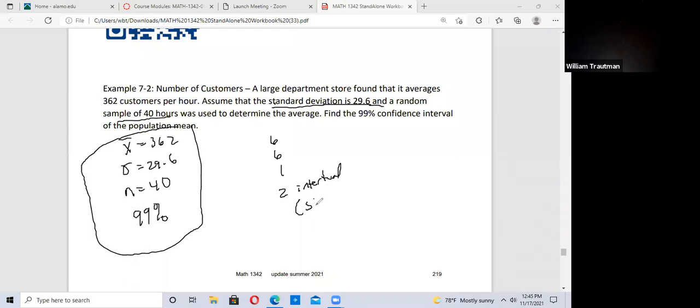I want you to select stats if there's no list. We're going to have a list later on, but I just wanted to show you right now. We don't have any list of data here. So hit enter. And then the standard deviation, once again, was 29.6.